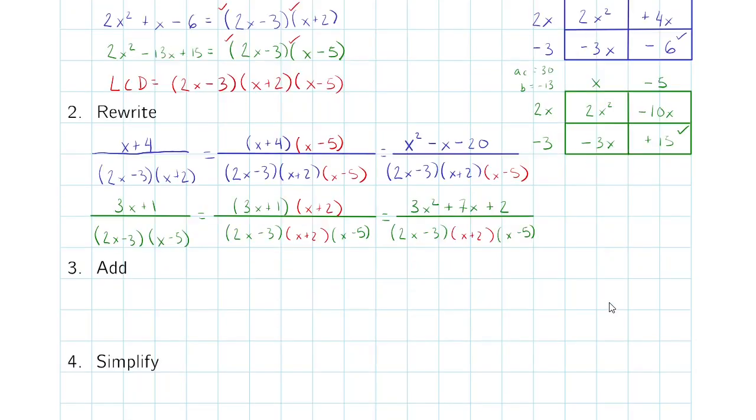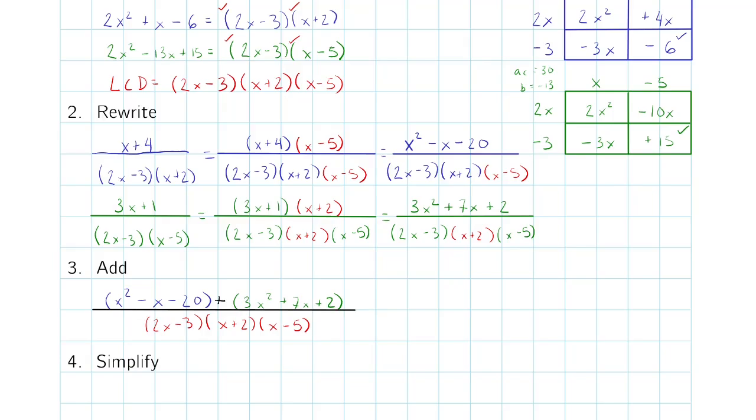So we'll have x squared minus x minus 20 plus 3x squared plus 7x plus 2 all over that common denominator, 2x minus 3 times x plus 2 times x minus 5.